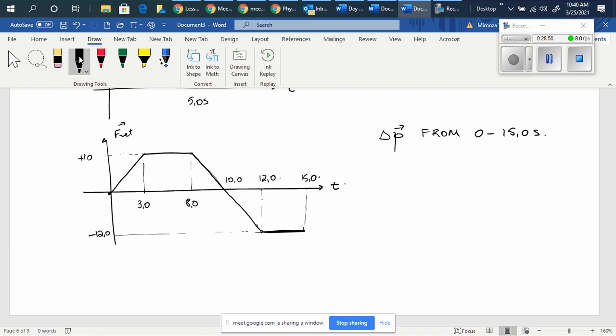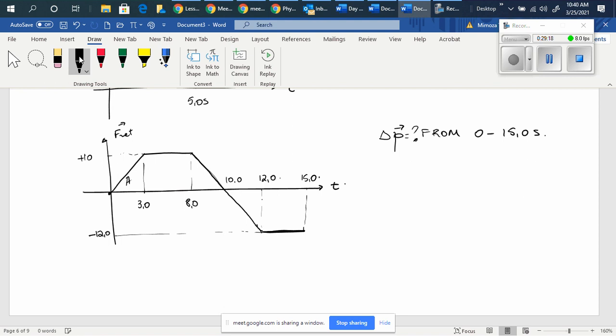What we have to keep in mind is that whatever is positive will be a positive area, and whatever is negative will be a negative area. And when we add the two together to calculate the change of momentum, we have to consider which is positive and which is negative. So there you go.